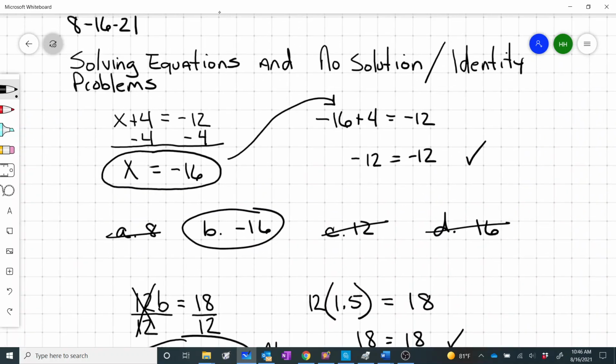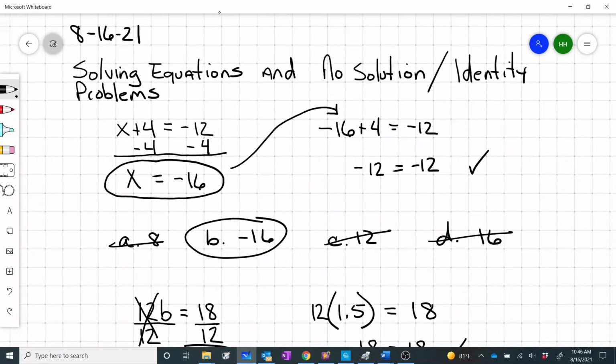In the first example, we solved for x. x was equal to negative 16. We checked it. We substituted it back into the problem. It worked. This solution for this problem is always true. Okay?